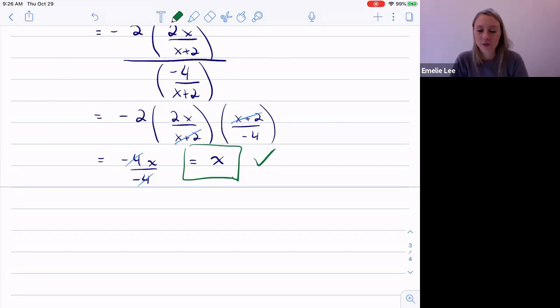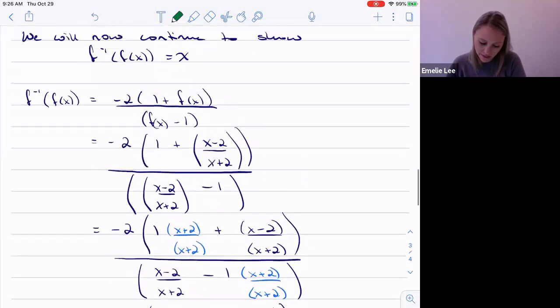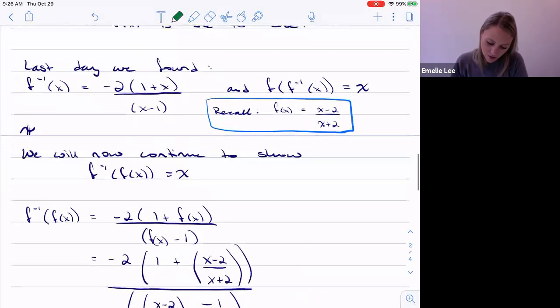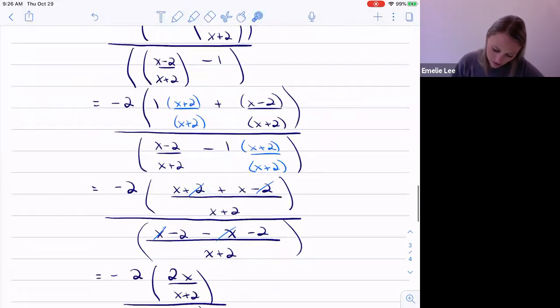So now we've shown, right, that because we already were able to show that the function composed with the inverse is equal to x and the inverse composed with the function is equal to x, right? We've proven that this is the inverse of this function.